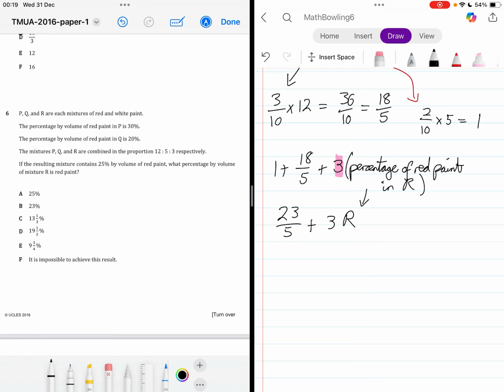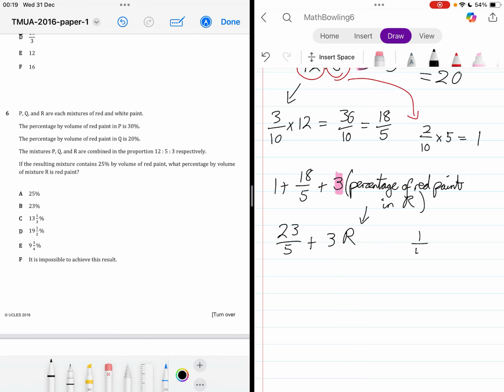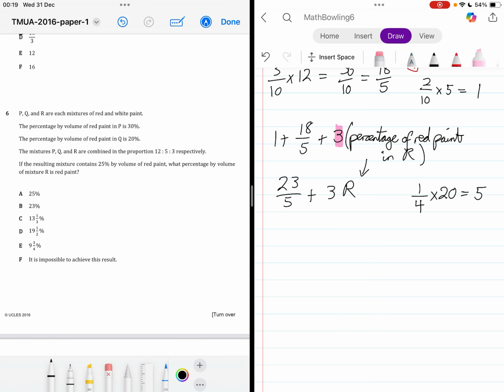And we want this to be 25% of 20. So 1 over 4 times 20 is going to get us 5. Now, the reason why we have f over here, although it's not right, f is wrong, just to clarify that, is because if this fraction was greater than 5, which it isn't, then that would be impossible to achieve because we've already gone above that threshold and we can't lower it anymore.